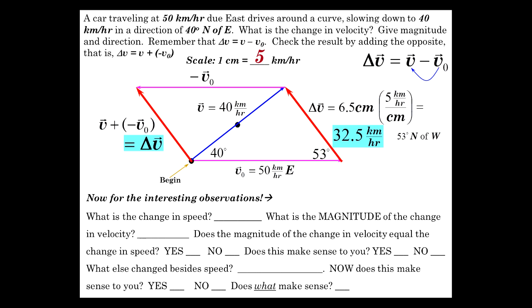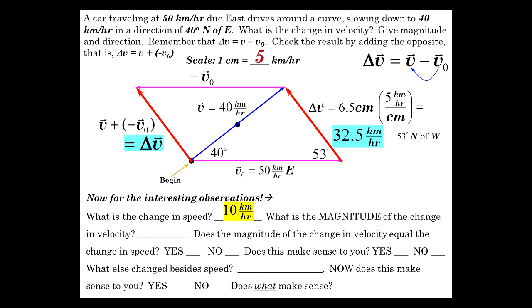Now, some interesting observations. I would like to ask you, what's the change in speed? Thinking. The change in speed, let's see, it went from 50 to 40 kilometers per hour. What is that change? It's 10 kilometers per hour. Okay, you're not surprised about anything yet.